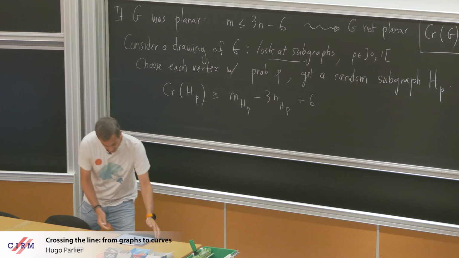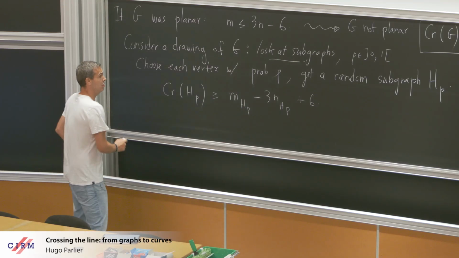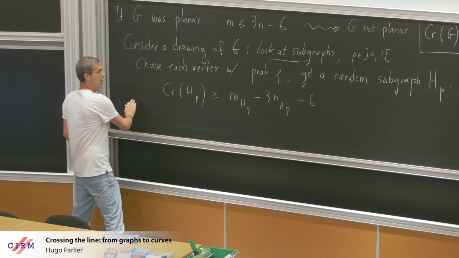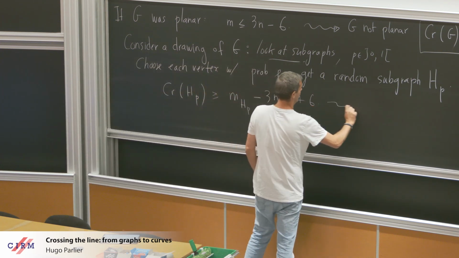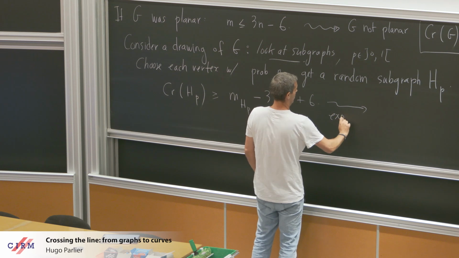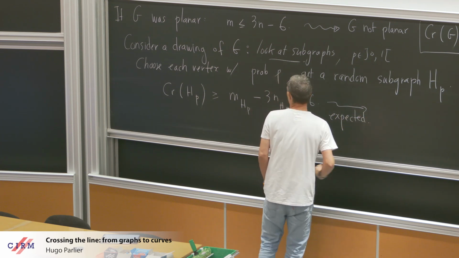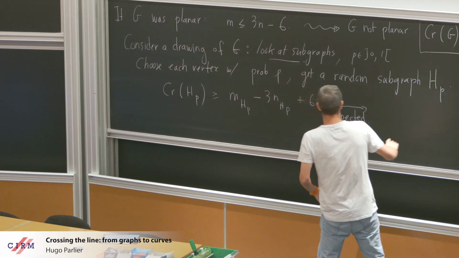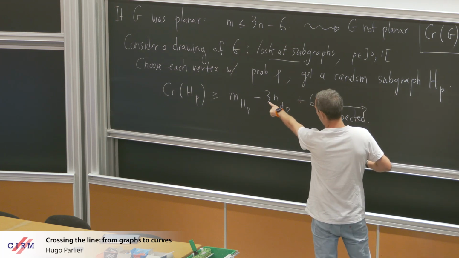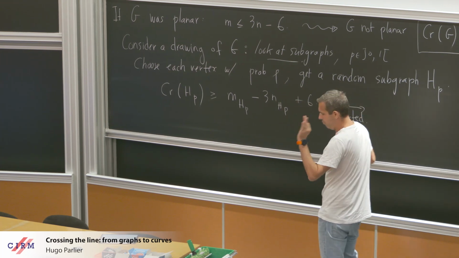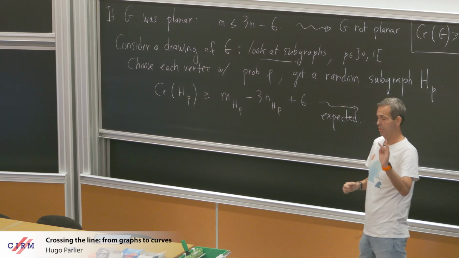And now I can look at this and I can take expectations. So by taking expectations, what do I get? So I look at these different values here. Of course a vertex, you're choosing it with probability p.